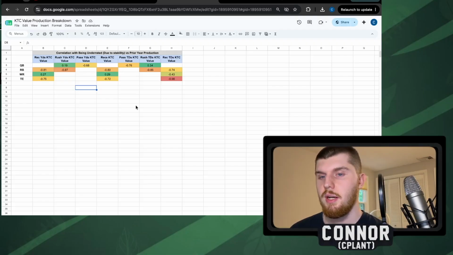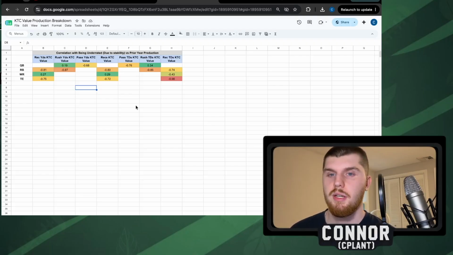So I think it's kind of a statement on the overall position that these stats aren't stable for running backs, because a lot of their production is based on the factors around them. And so it's very odd. I know that the top end running backs probably are a little bit more stable year to year than the population of all running backs.